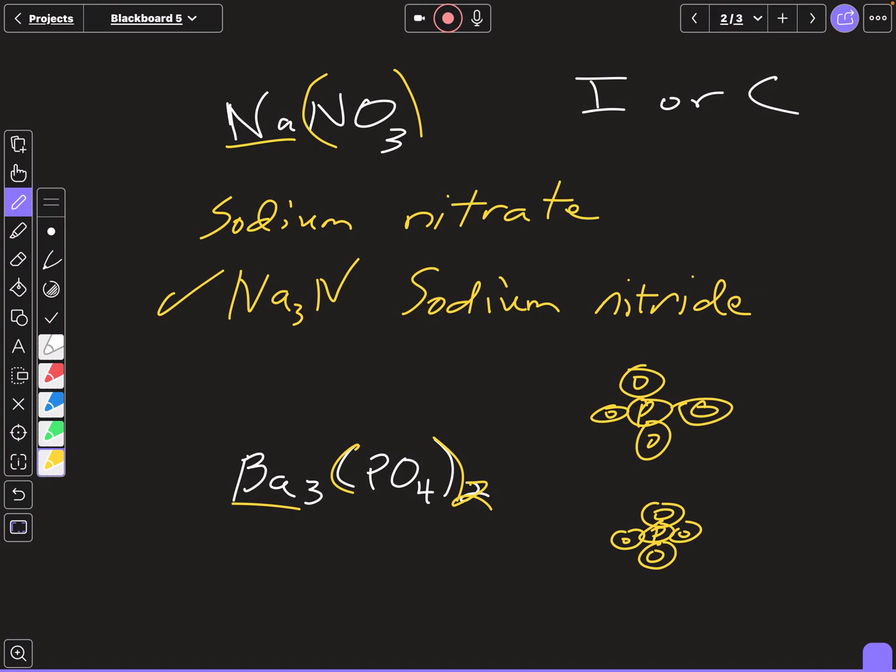And they would be bonded to 3 barium atoms. But when I name this, it is barium. And PO4 is the formula for the phosphate ion. So the name would be barium phosphate.